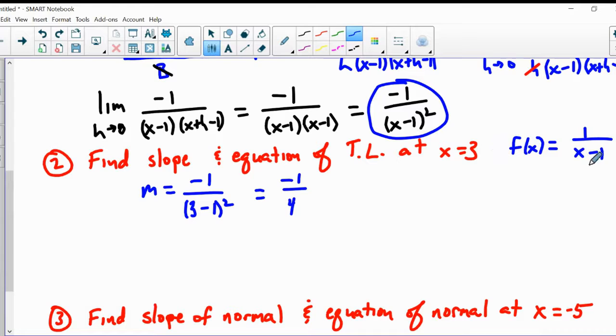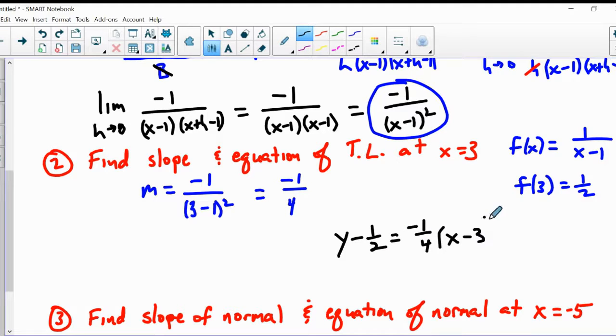So if I sub 3 in here, I end up with f of 3 is 1/2. So now I can write the equation of my tangent line: y minus 1/2 equals negative 1/4 times x minus 3. I just plug this into point slope form. That's the x, that's the y, and this is the slope.